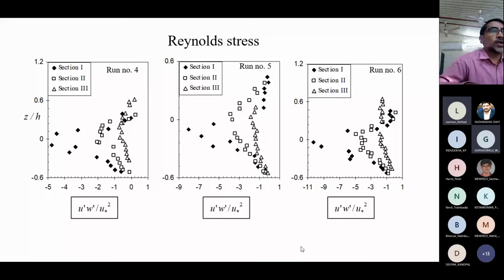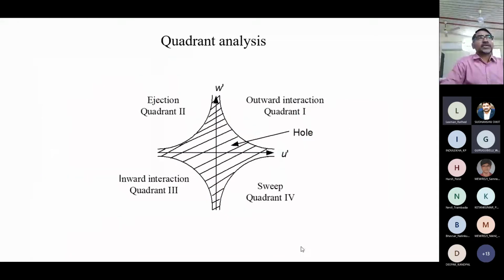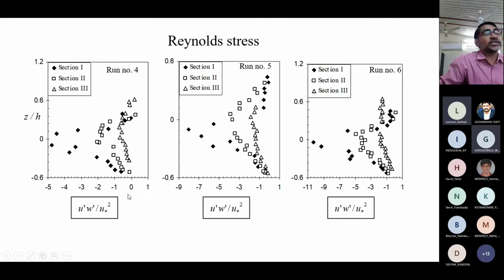So this was about the Reynolds stress. Now, quadrant analysis, as we have discussed in the morning, will take a lot of time to do, because at one location you have so much data, and that data has to be segregated into 4 quadrants and then the occurrence probability determined, and you have to go through all the points.